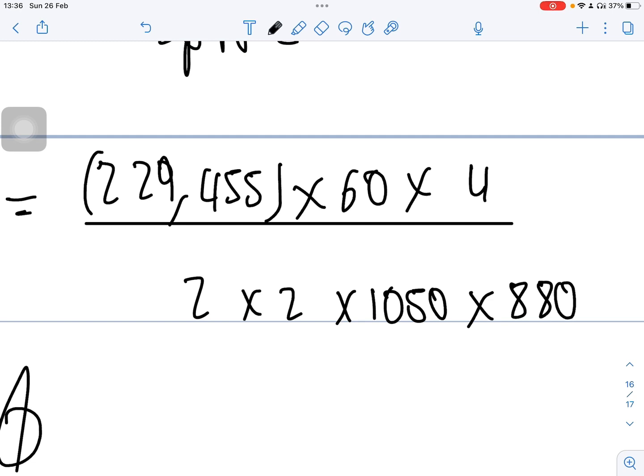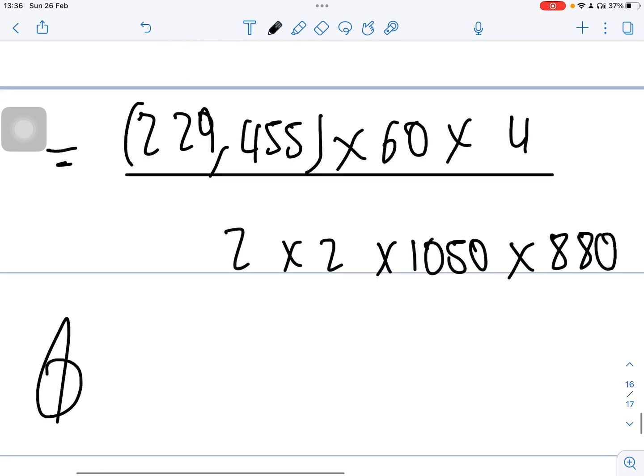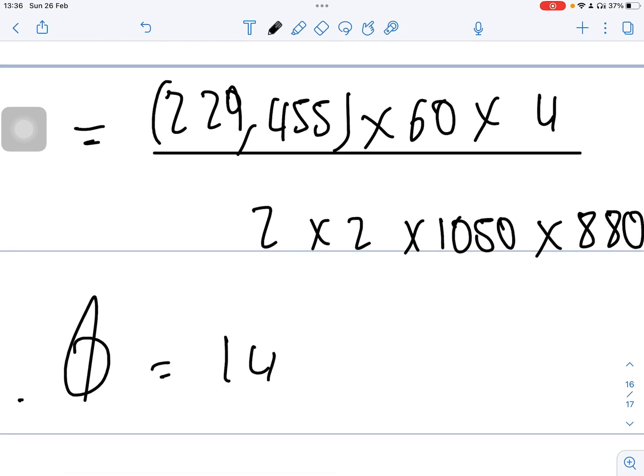So the answer is equal to 14.9 milliwebers. Okay guys, we're done for today.